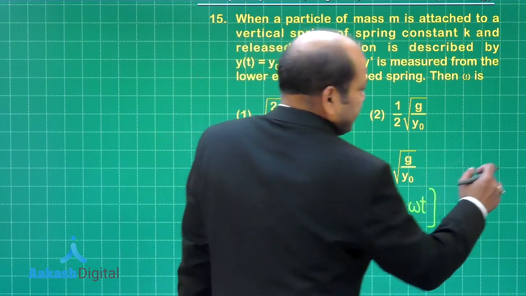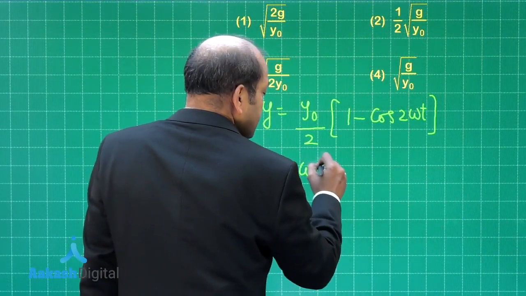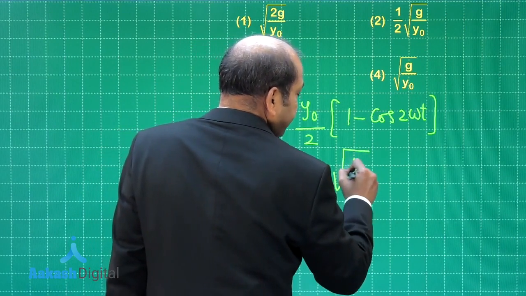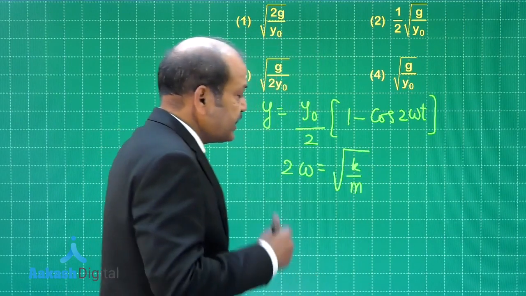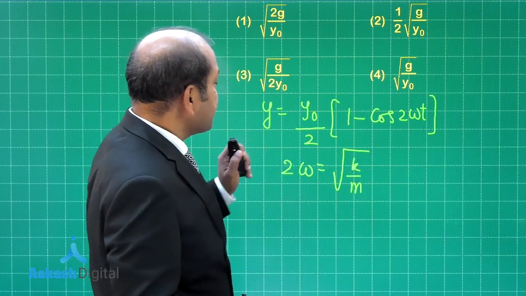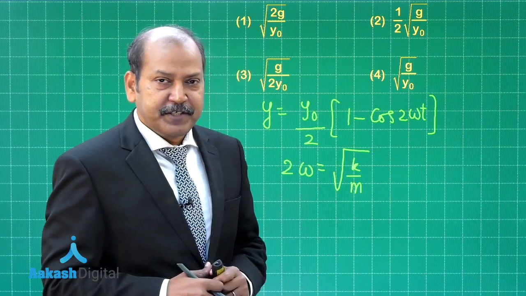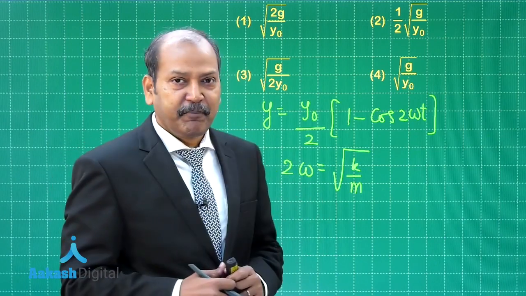So, this means that we can now write 2 times omega is equal to root k by m, where k is the spring constant and m is the mass of the particle. But if we look at the options, k is not appearing in any of them, so we need to replace k.